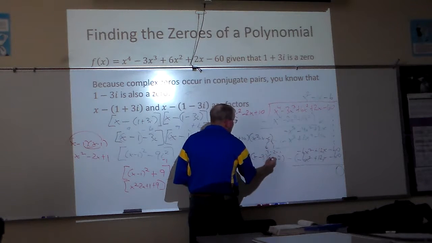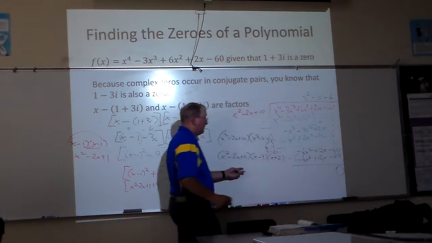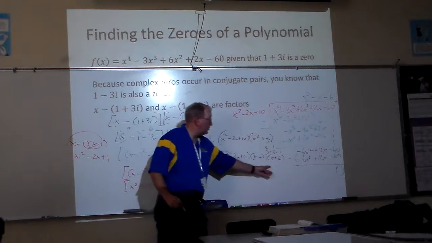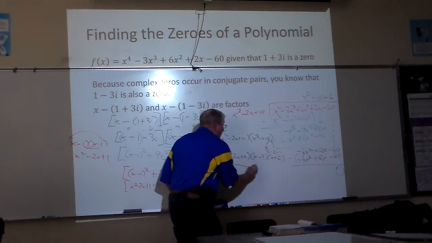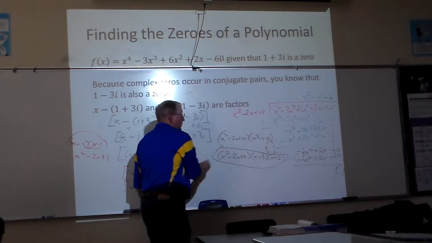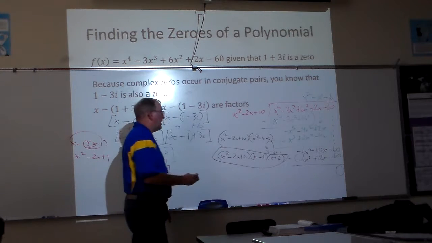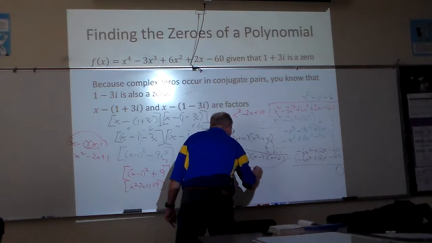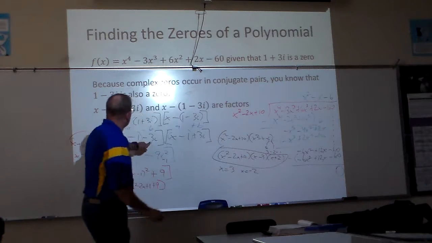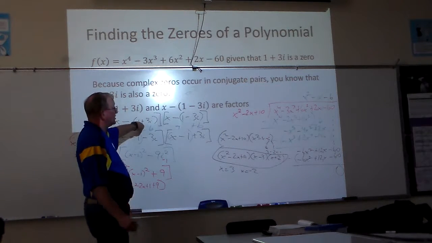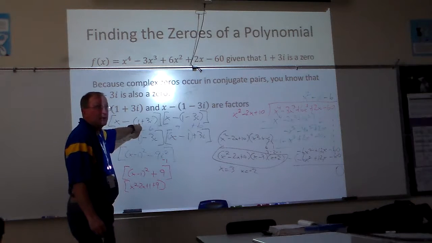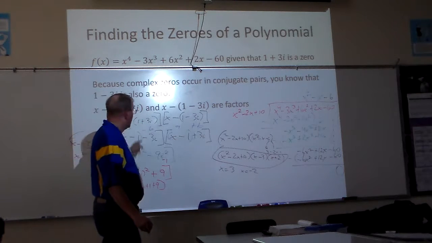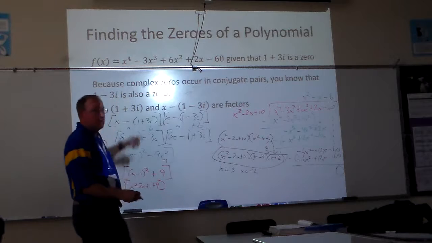The 3 has to be negative and the 2 has to be positive. This would be the factored form right there. Or the real answers would be x equals 3, x equals negative 2, along with the answers that we had up here: 1 plus 3i, and 1 minus 3i, which we already knew.